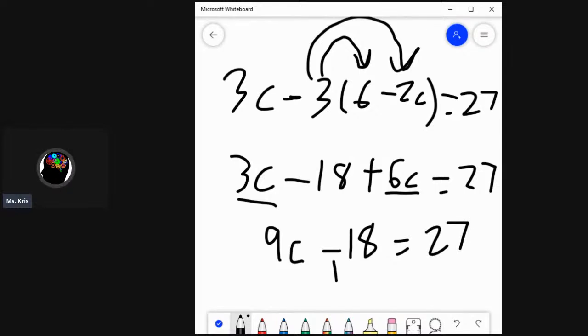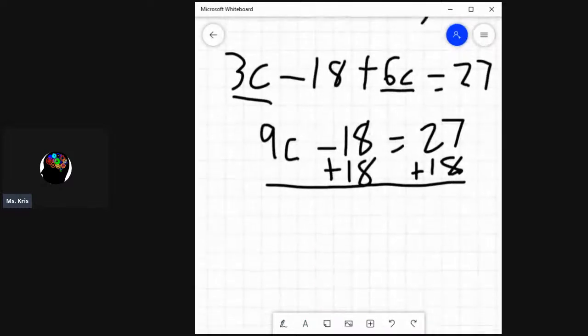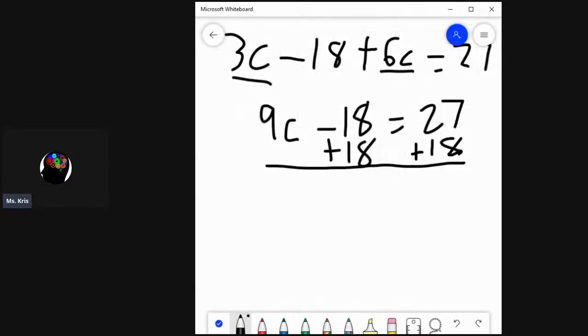Now I'm going to add 18 on both sides. Of course, 18s cancel. Bring down my 9c. 9c equals 27 plus 18. 7 plus 8 gives me 15.